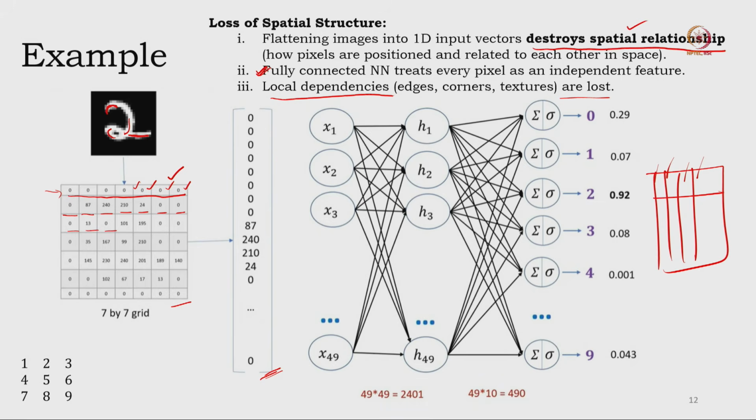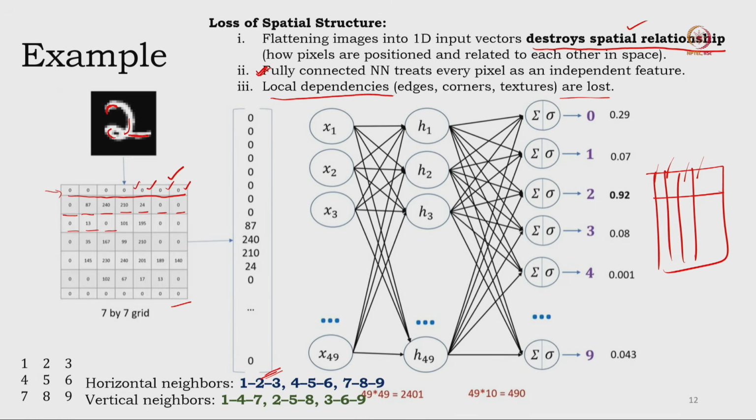Look into this example. It is a 3 cross 3, maybe a small portion of a bigger image. Here, 1, 2 and 3 are horizontal neighbors, 4, 5, 6 are horizontal neighbors, and 7, 8, 9 are horizontal neighbors.